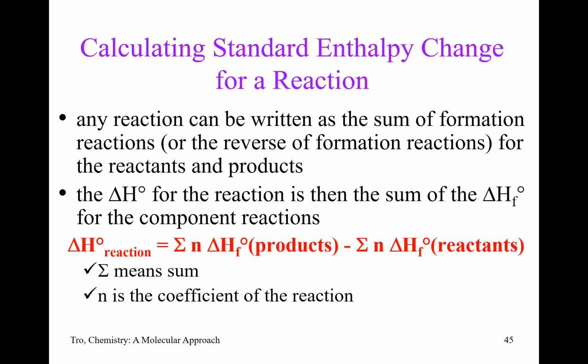Okay, so what is a chemical reaction? It's the reactants to the products. So if you knew the heat that it costs to form your products and your reactants, then you could just add up all the values in a balanced equation and take the difference between them. Because again, these heats of formation are your starting point to your ending point.